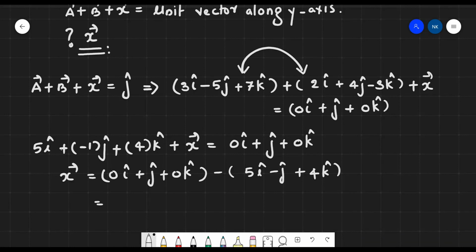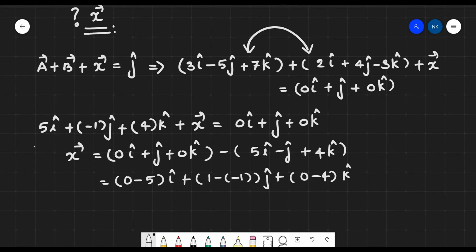This can be written as 0 minus of 5 i cap plus, here it is 1 minus of minus 1 j cap plus 0 minus 4 k cap.